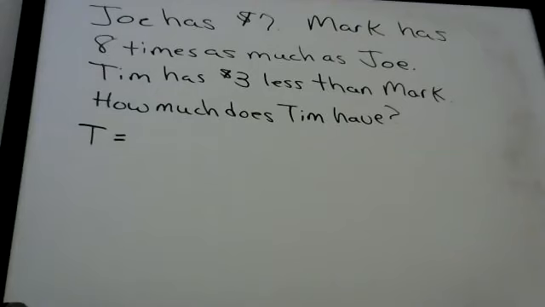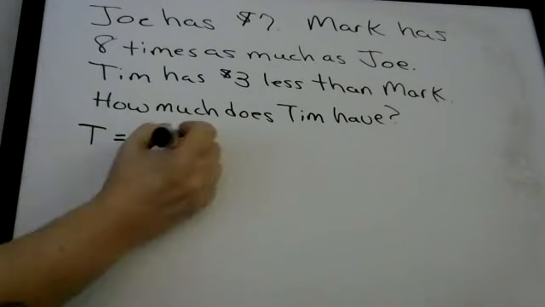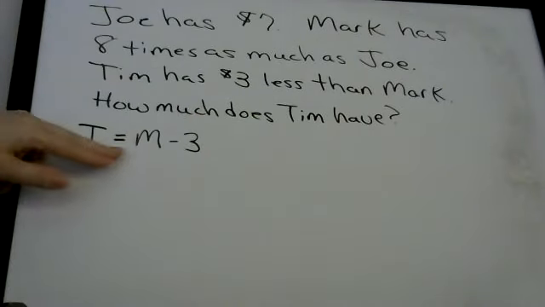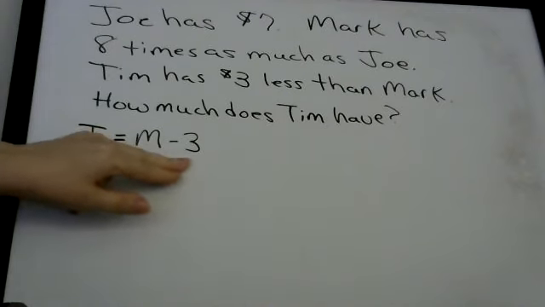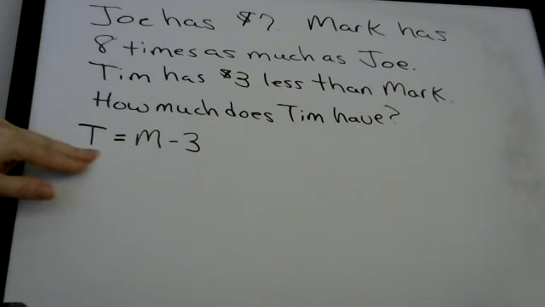It's 3 less than Mark. So it would be Mark, we're just going to put as an M, minus 3. So how much does Tim have? Tim has M minus 3, whatever Mark has minus 3. But we don't know what Mark has yet, do we? So we need to solve for M, solve for Mark, before we can figure out what Tim has.